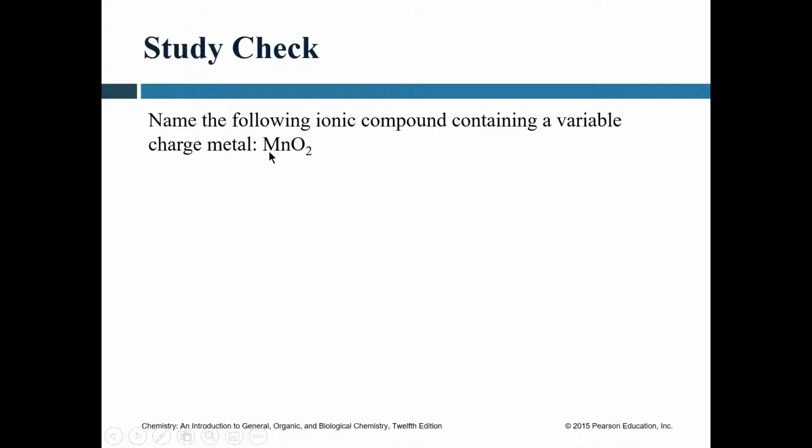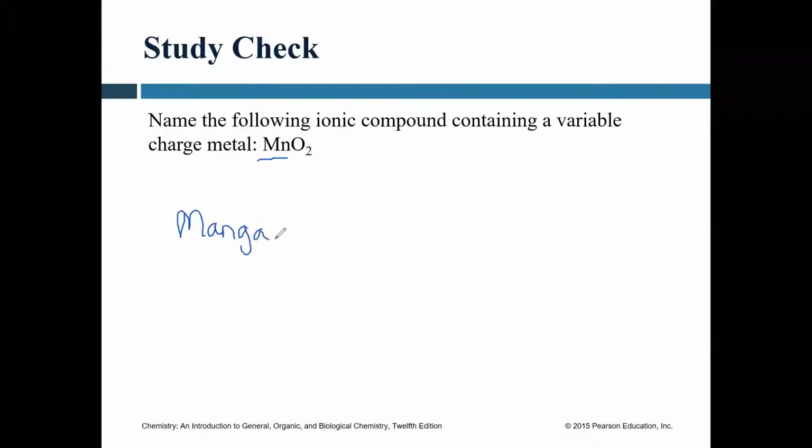So let's try this one here. So if we've got MnO2, we want to figure out what the name of this thing is. Well, first off, Mn is manganese, not magnesium. Okay, that's pretty common to get those mixed up. Manganese has an unpredictable charge, so we need a Roman numeral.